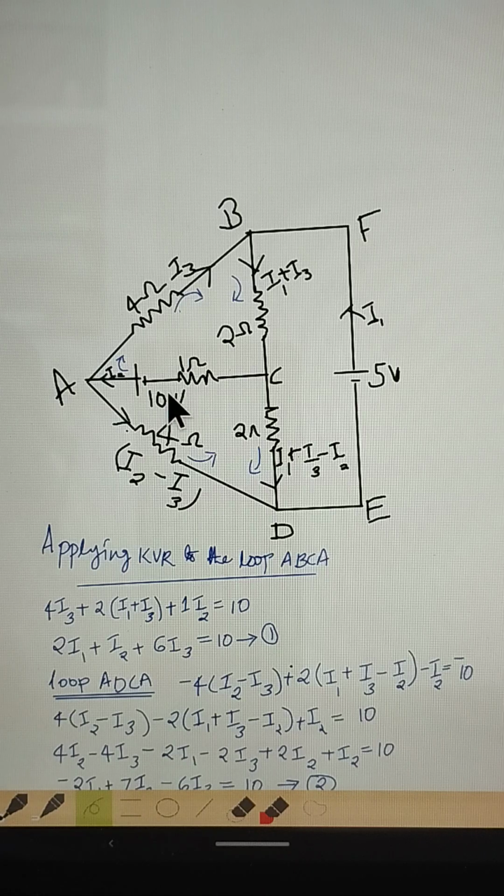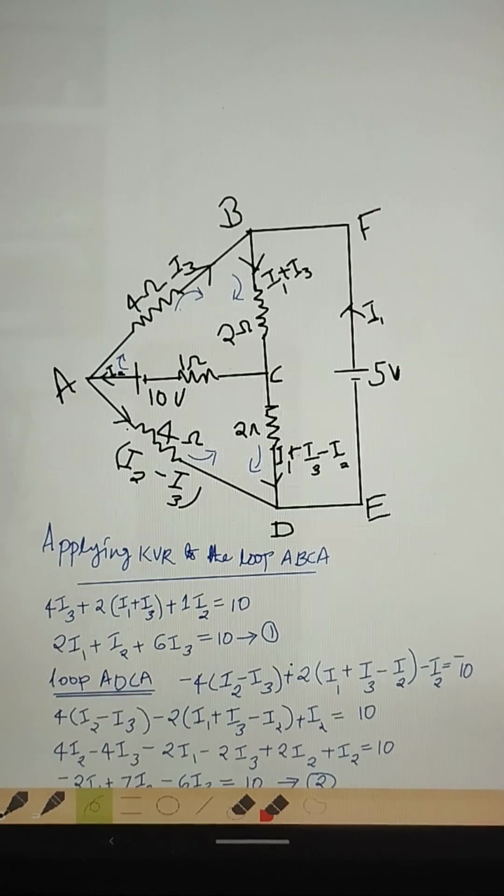The potentials created due to current flowing in the same direction are taken as positive. That's what we are writing. Here we have I2 into 1, then the current from the 10 volt cell creating a potential 4 into I2 minus I3. So I2 is positive, and 4 into I2 minus I3 is also positive.